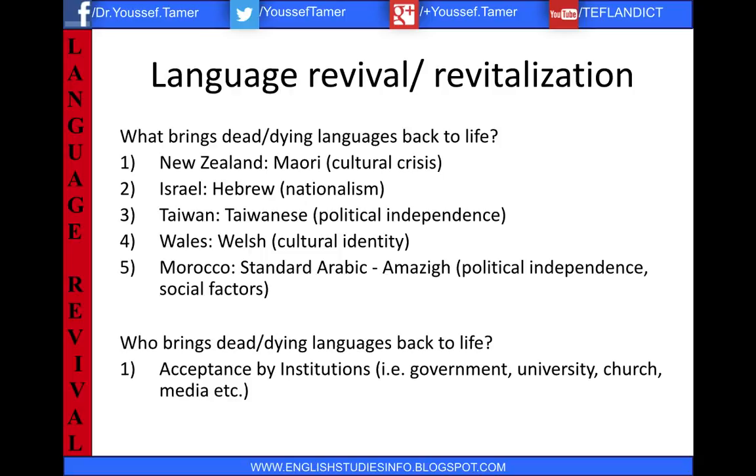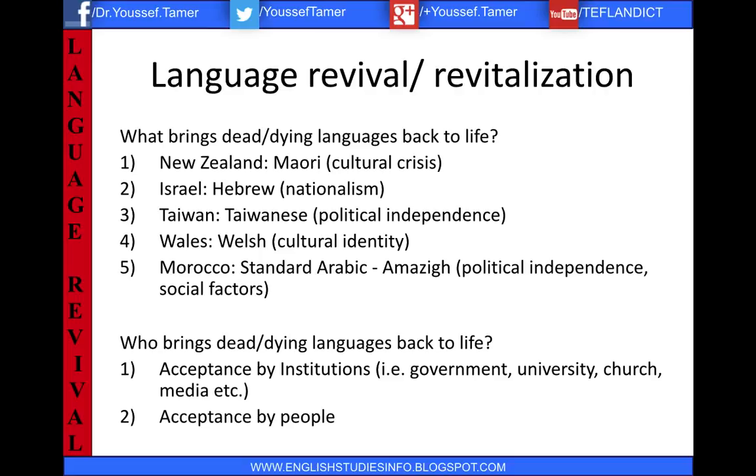These institutions, if they accept the language that is about to die, will help it revive. They will help in the revival of that language. And of course, acceptance by the people.